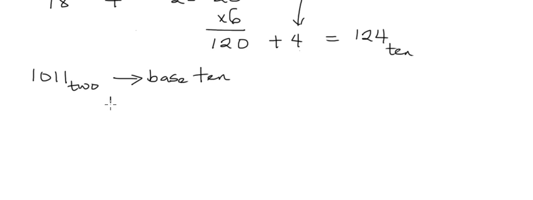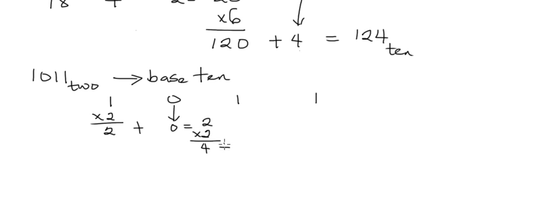Like we said earlier, you write 1, 0, 1, 1. First multiply by 2. That's 2. Then you add the next number. That gives 2. Then you multiply by the base again. That's 4. Then you add 1.